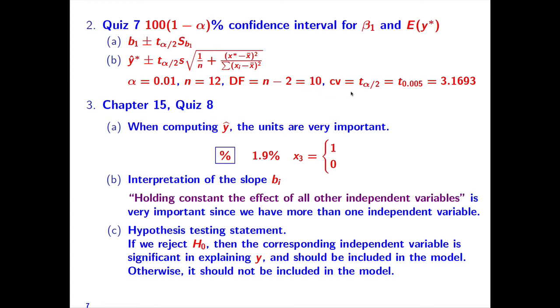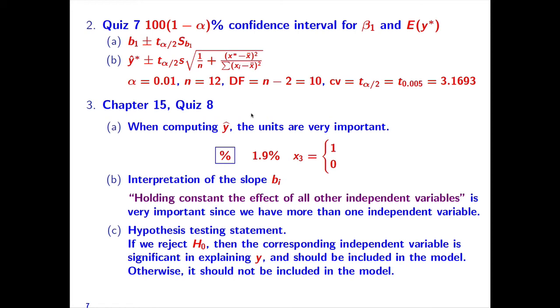And so the critical value is t of 0.005 with degrees of freedom 10. So look it up from your t table. You will get this value, 3.1693. And that's how you actually find your critical value.